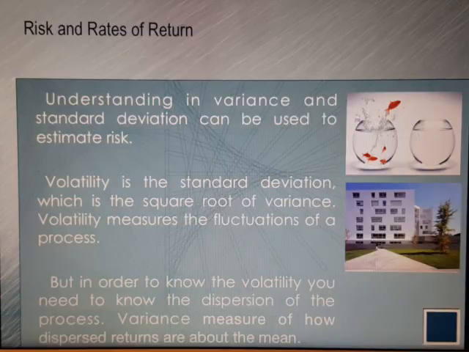You already learned how to calculate the average return. That is the mean. So from this middle line, variance shows how dispersed the possible returns are, and then after you calculate variance, you can determine the standard deviation. From each of these dispersed units, what is the volatility?